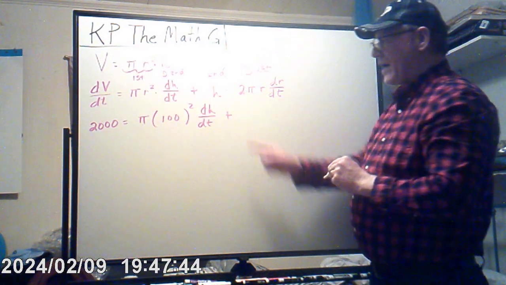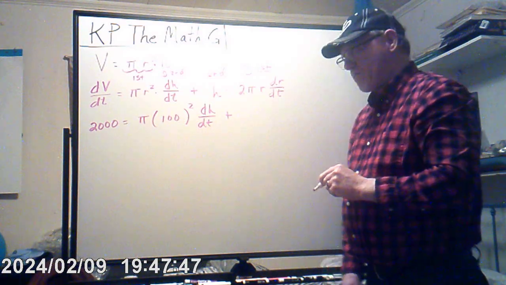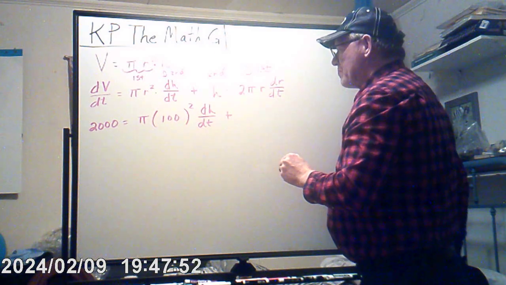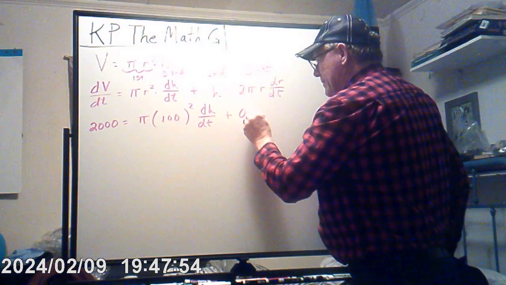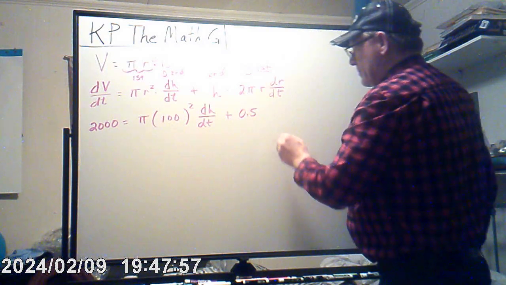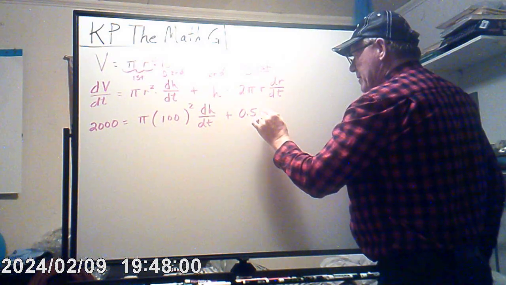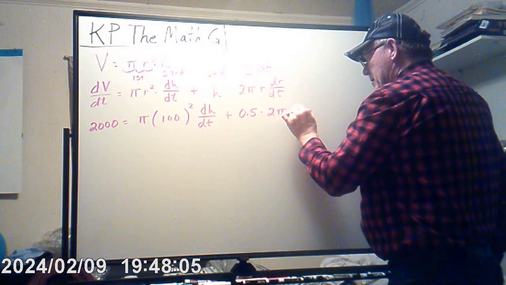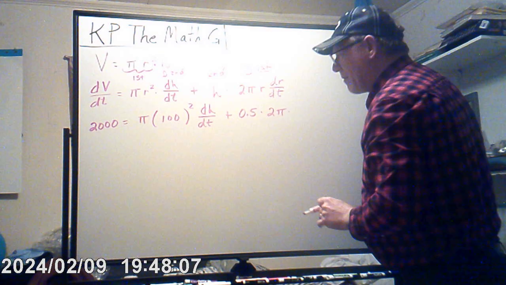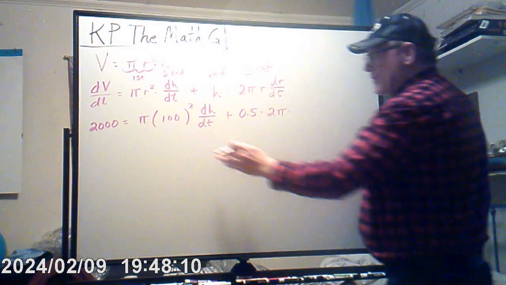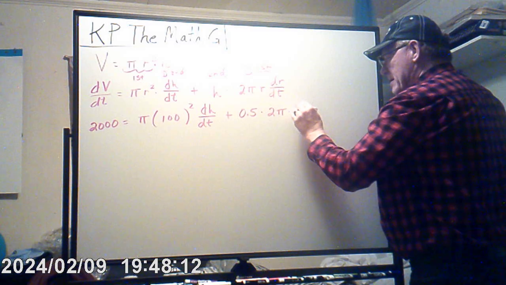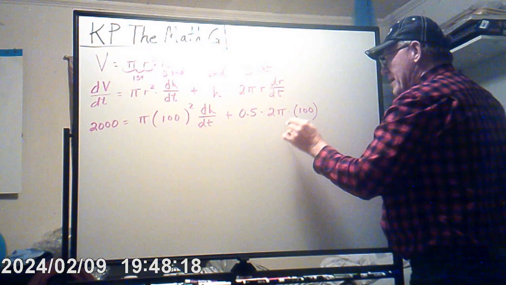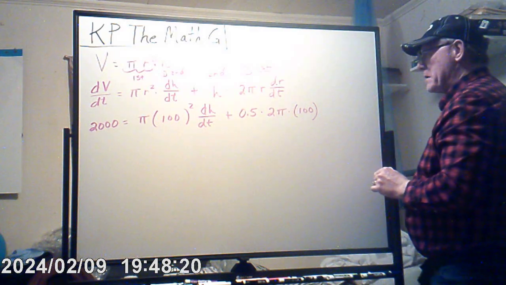Alright, we know that the height at this instant is 0.5 times 2 pi times r. Now r, the radius, that's what we had a while ago, is 100. So 100.